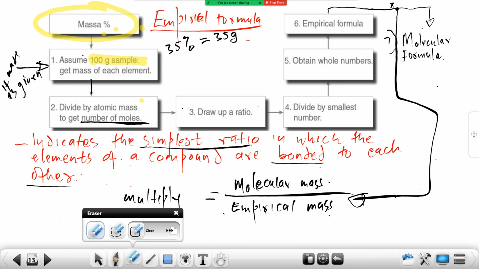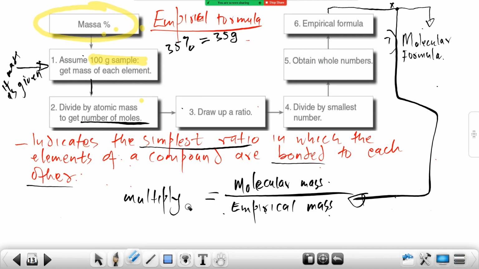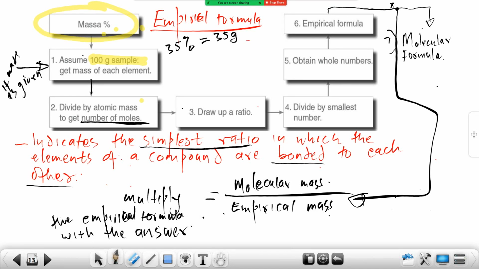Multiply the empirical formula with the answer. 100%. It's as simple as that.